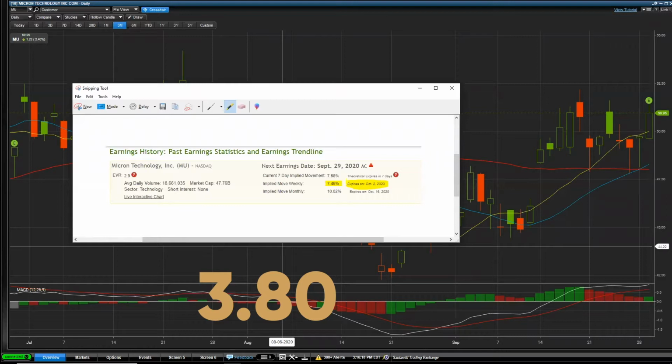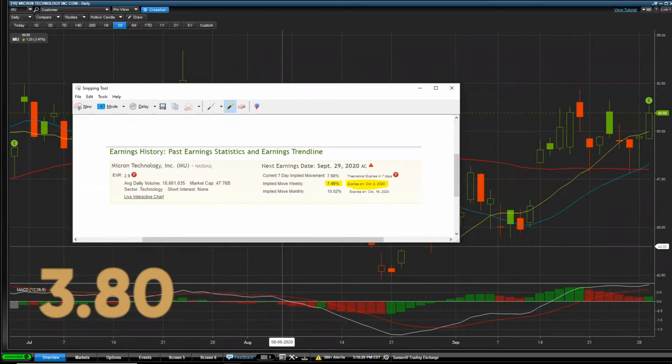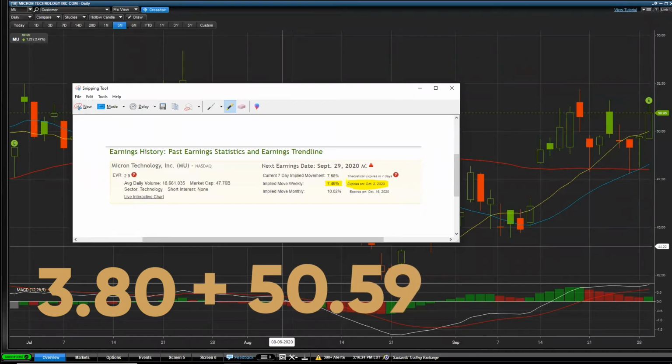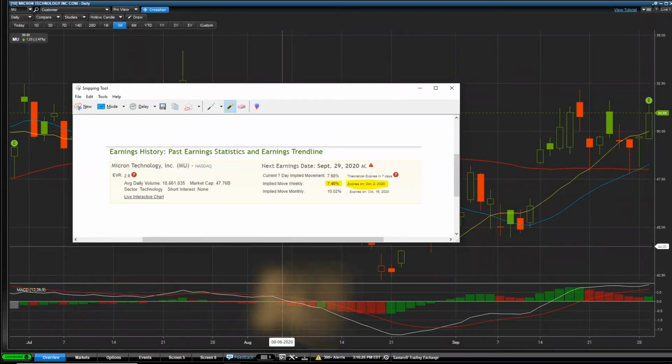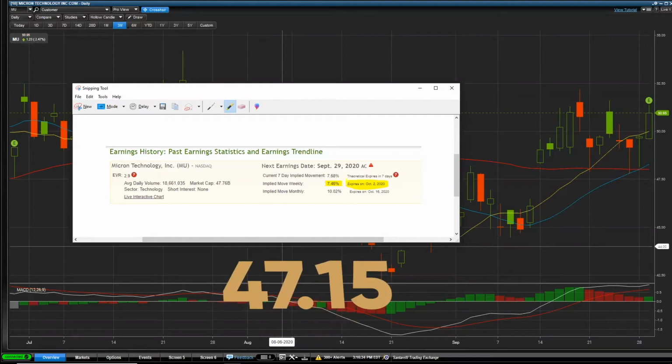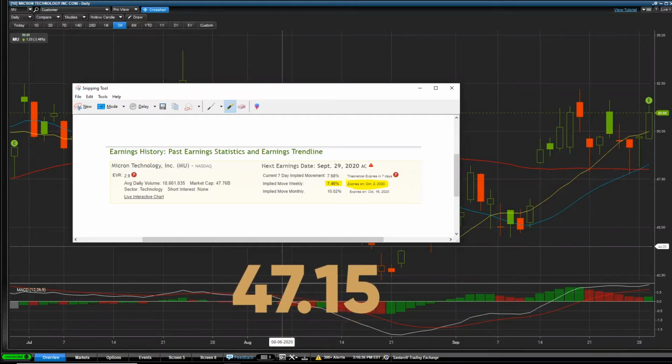So that means 3.80 plus 50.95, it could get up to 54.75, or 50.95 minus 3.80, it could get down to 47.15.